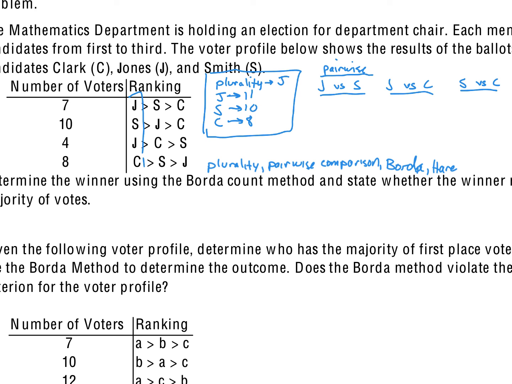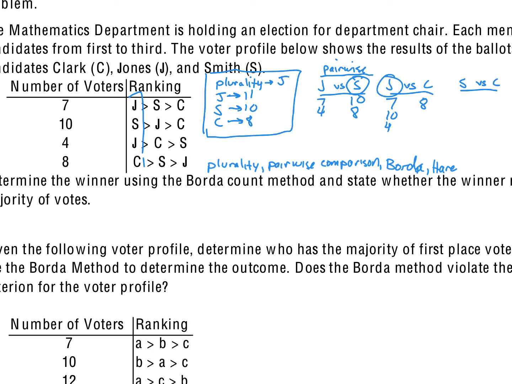So comparing the J versus the S, then J would get 7, S would get 10, J would get 4, and S would get 8. So S wins the first. Then J versus C, J would get 7, J would get 10, J would get 4, and C would get 8. So J wins the second.